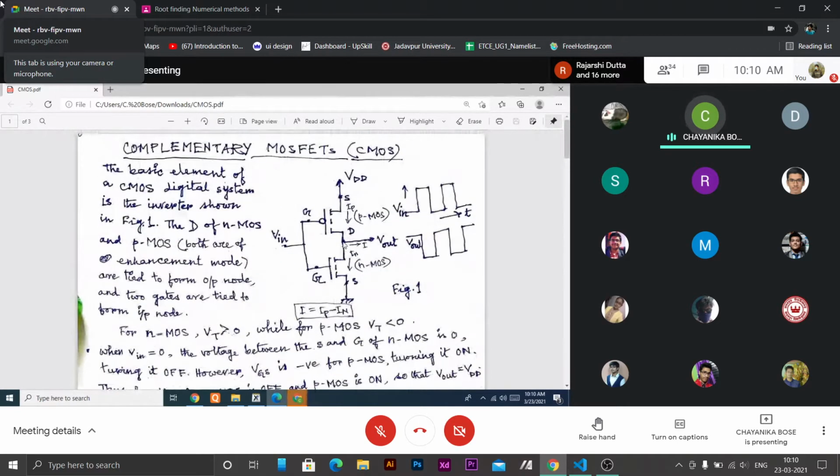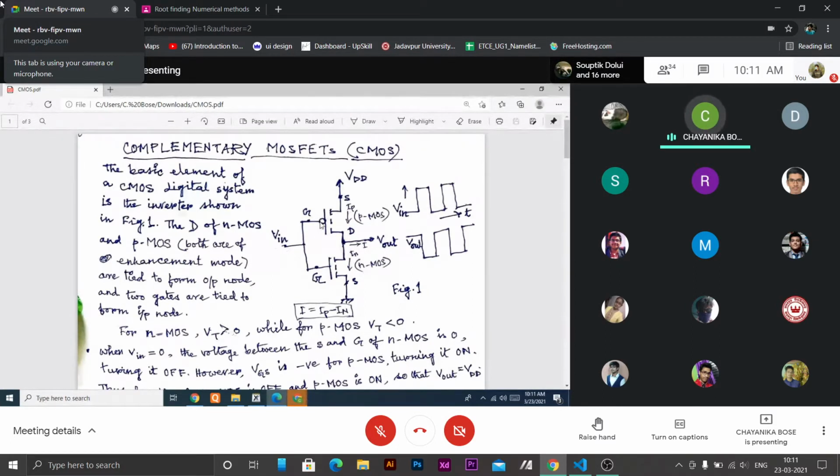Now this pair of devices, PMOS, P channel MOS, and N channel MOS, both are of enhancement mode, operated in enhancement mode. The two drains of this P and NMOS are tied together and the output terminal is taken from this point. Similarly, the two gates are tied together and the input terminal is taken from this one.